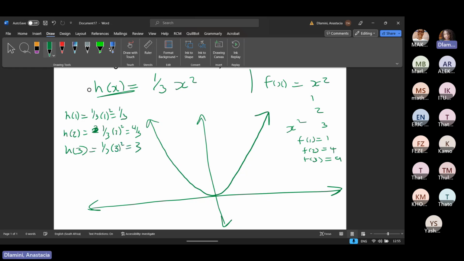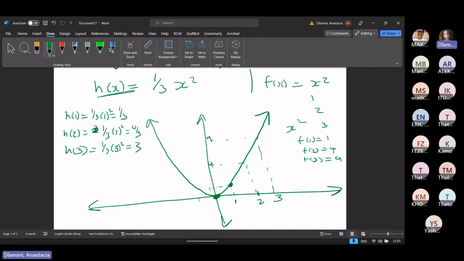So we said that at point 1, remember we started at the origin. At point 1, let's make this 1, our graph will be here at 1. At 2, our graph will be at 4. At 3, our graph will be at 9.